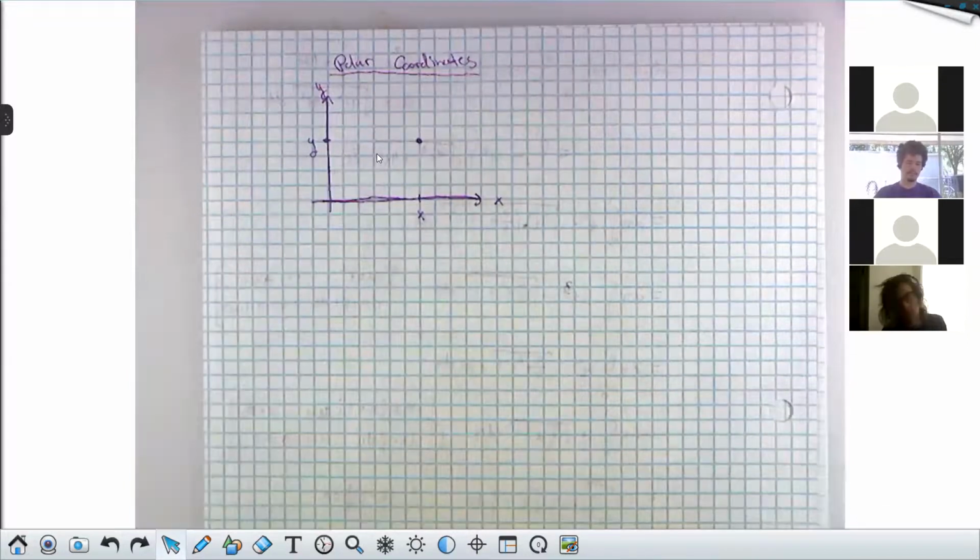Think about if you were sitting next to someone and you wanted to describe how to get from one place to another to a regular human being. We wouldn't normally say, go west 5 miles and then turn exactly 90 degrees and go north 2 miles. Normally you would say, okay, you're going to turn this much and walk this far. That's what polar coordinates are.